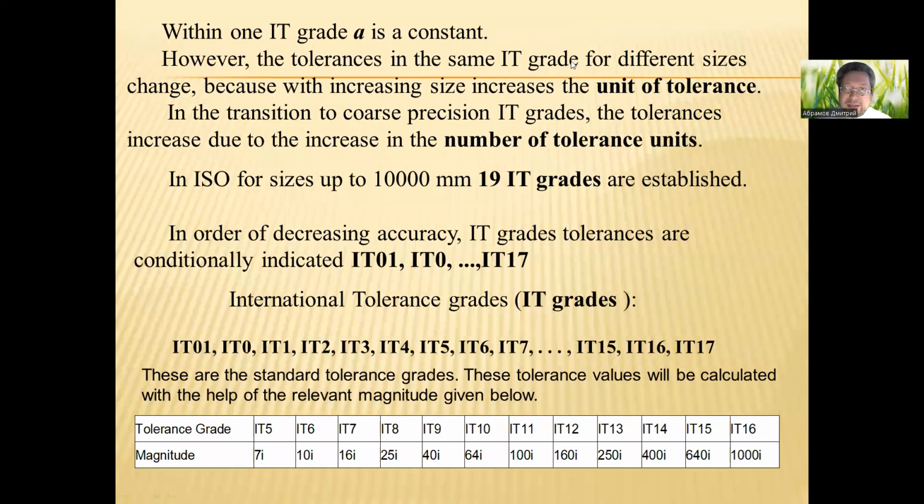So you can see the line of these IT grades from IT 01, IT 0, IT 1, IT 2, and up to IT 17. These are the standard tolerance grades. These tolerance values are calculated with the help of the relevant magnitude given below.